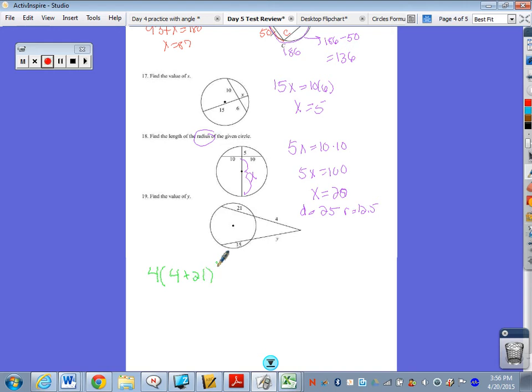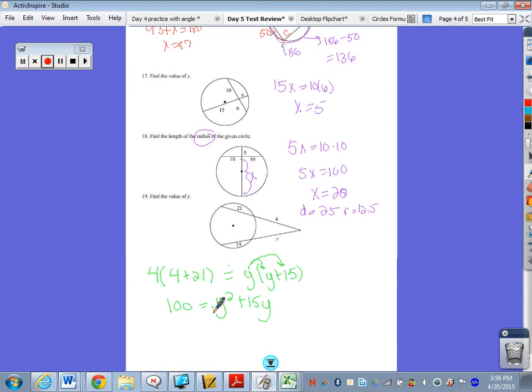To get the whole, we add the two pieces, and then I'm going to set it equal to the outside, which is y, and then the whole thing, which is y plus 15. So then when we do this, you're going to add 4 plus 21, which is 25, times 4, which is 100, is equal to, and then you distribute, and you get y squared plus 15y.